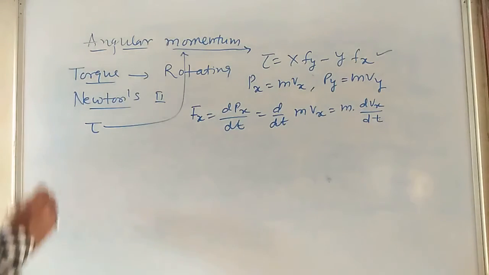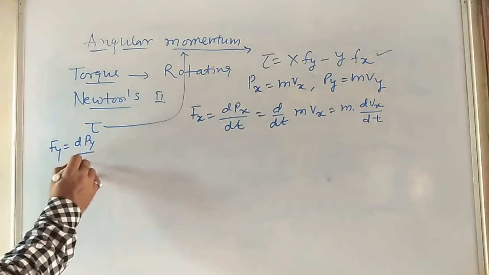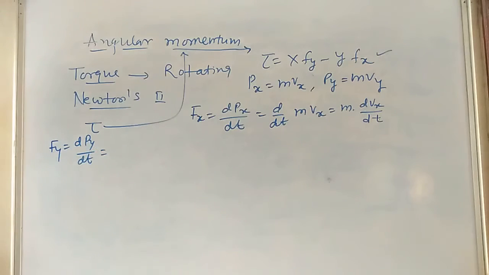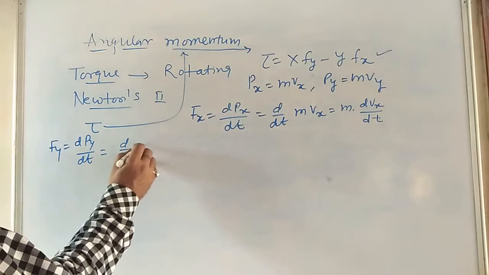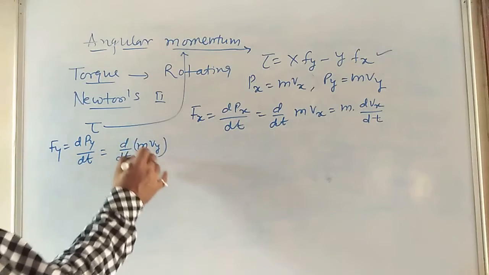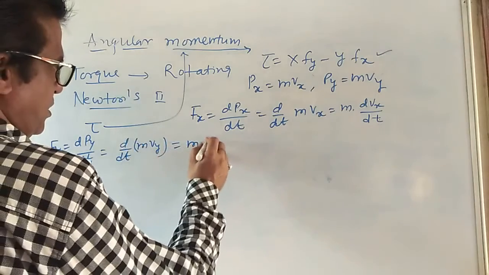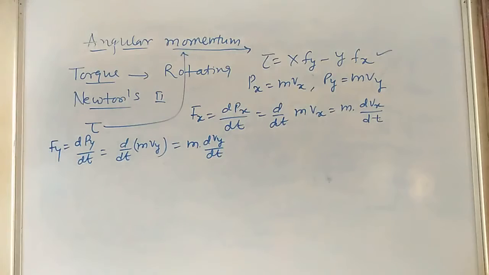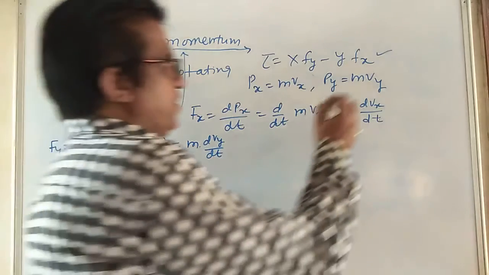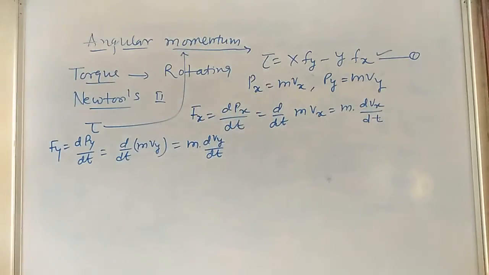Similarly, fy you can write here, that is dpy divided by dt, that is d by dt of m into vy, that is m dvy by dt. So this is the fx and fy. Substitute these values in our equation, say 1.